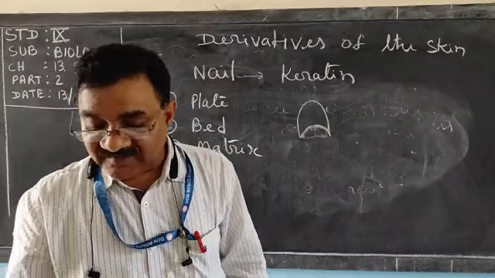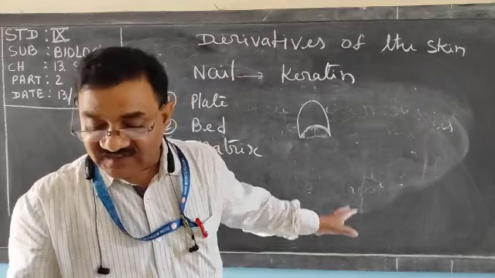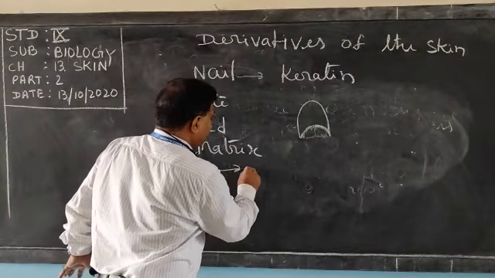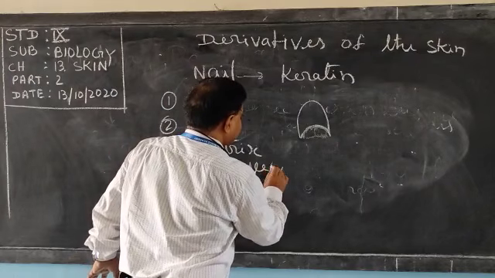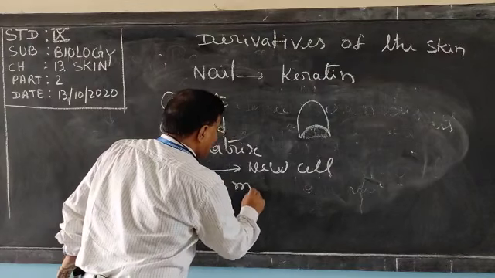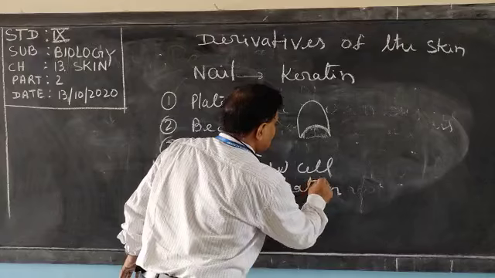The visible white half moon at the base of the nail produces new cells on maturation, and that is the reason our nails grow.